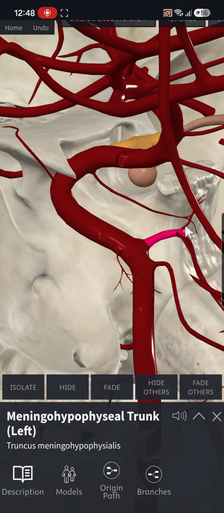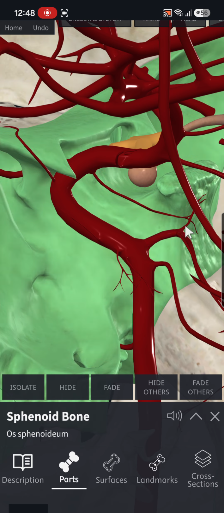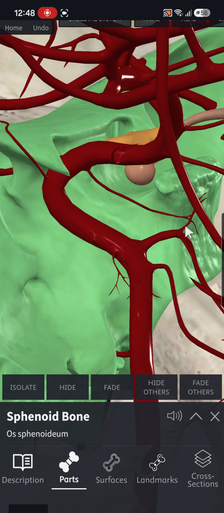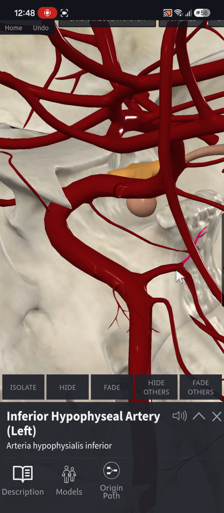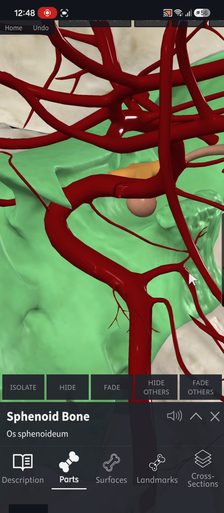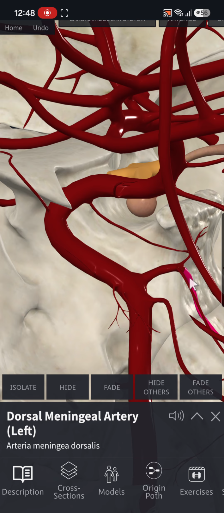So here we have the first one, the inferior hypophyseal, and then we have the meningeal artery. Okay, this is from the cavernous segment.